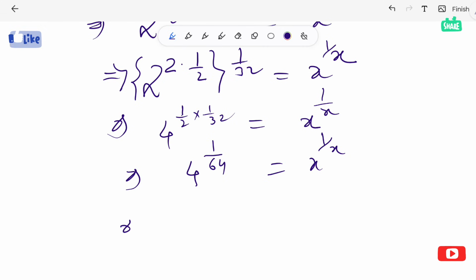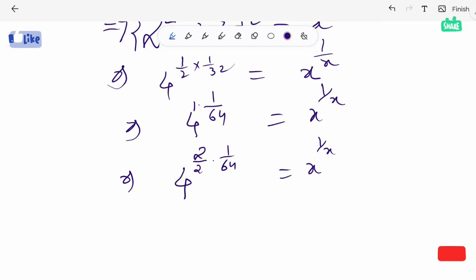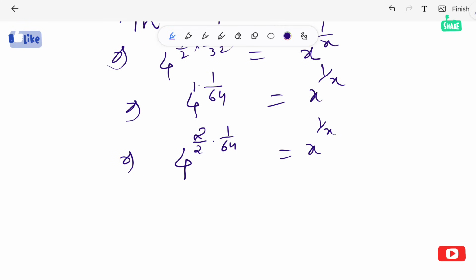Now see, again I can write here 1, and 1 can be written as 2 by 2, and this is 1 by 64, and this is x to the power 1 by x. I'm not going to change anything on the right hand side. I'm just changing the left hand side.